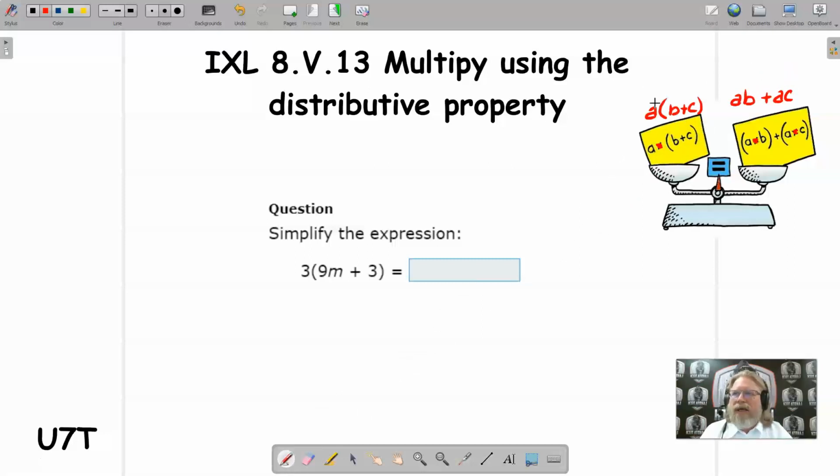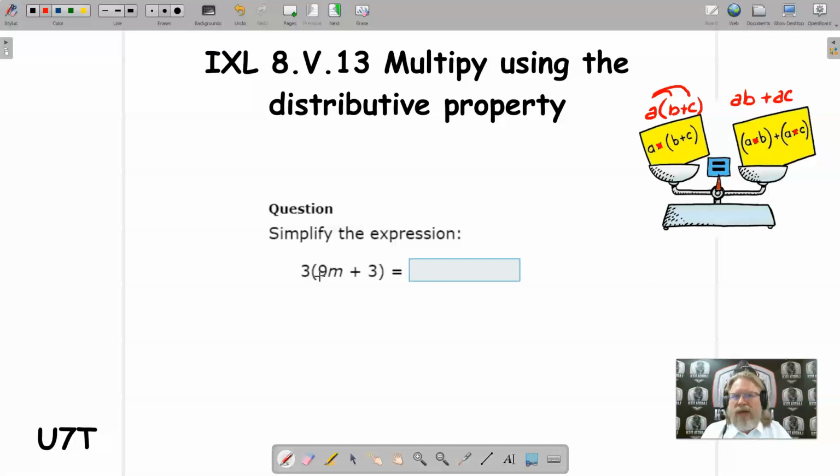So in this case, the A is being distributed to both the B and the C. And so this is A times B plus, because it's a plus sign between the B and the C, plus A times C. So we're distributing the A into the quantity of B plus C.